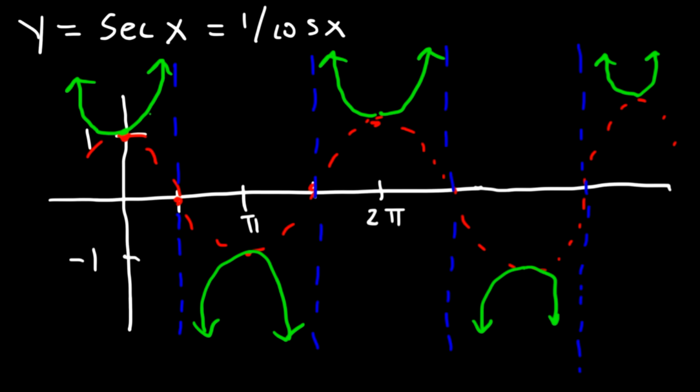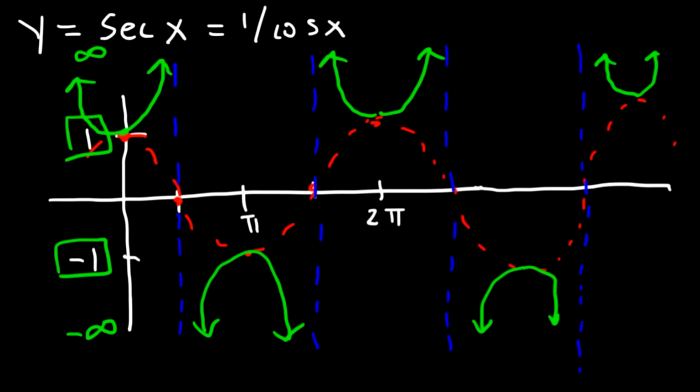So that's secant. It's very similar to cosecant, it's just been shifted. The range is going to be the same. It's going to be from negative infinity to negative 1, union 1 to positive infinity. And that's all there is to it.